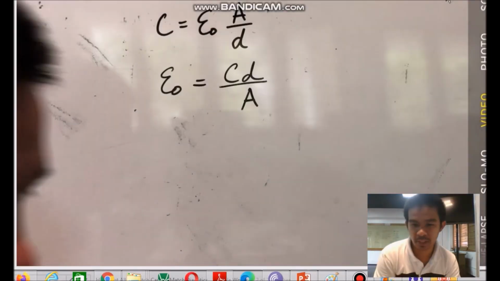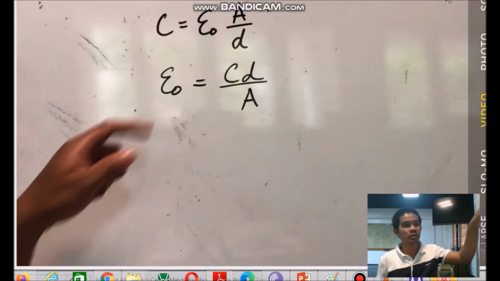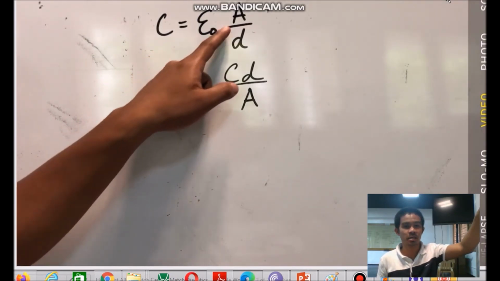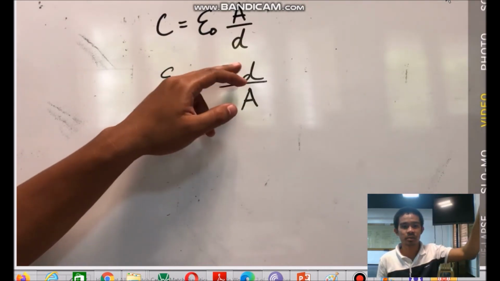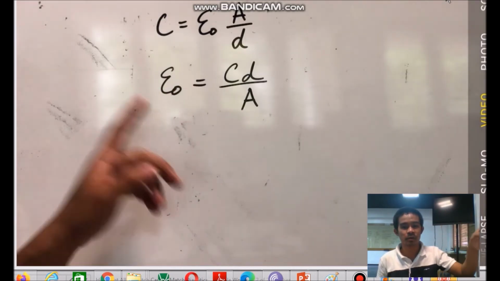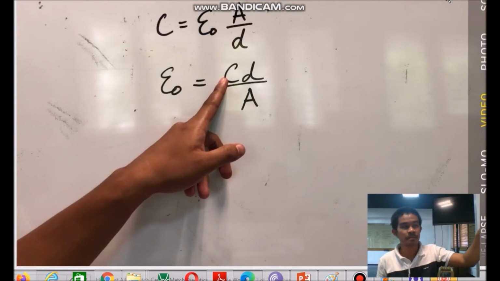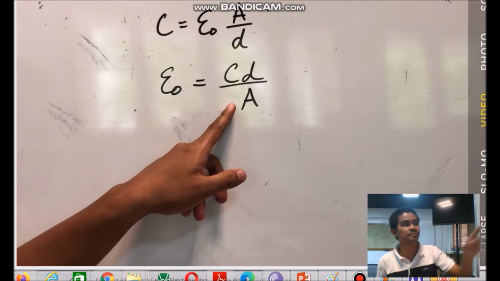The permittivity of free space also has a unit of farad per meter. We know the equation of capacitance: C equals the permittivity of free space times the area of either of the two plates over the distance between the two plates. We rearrange the equation to get the permittivity of free space equals capacitance C times the distance between them over the area.